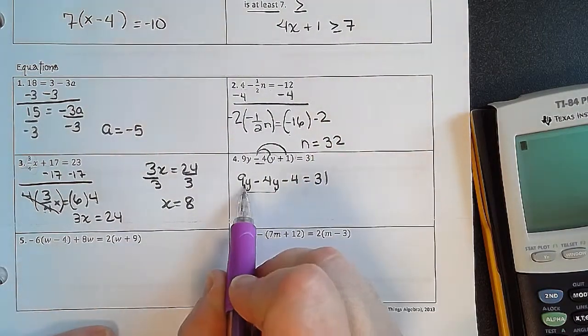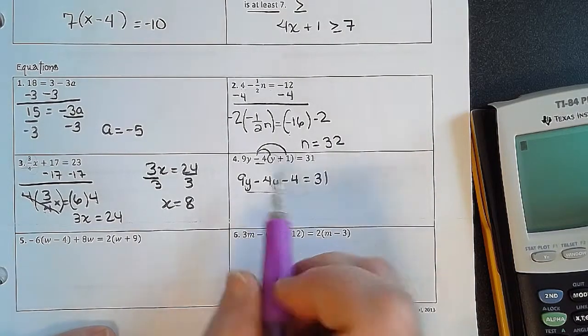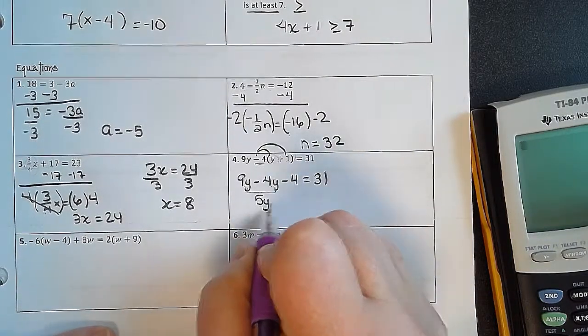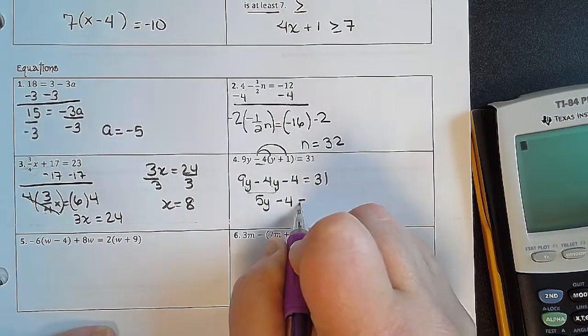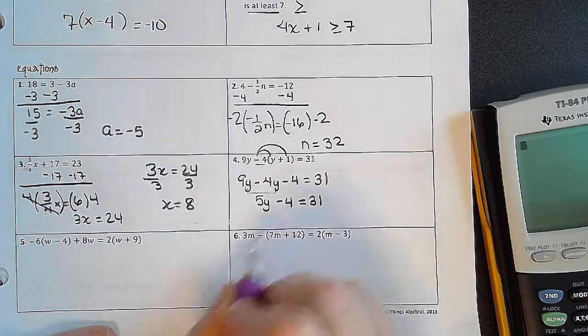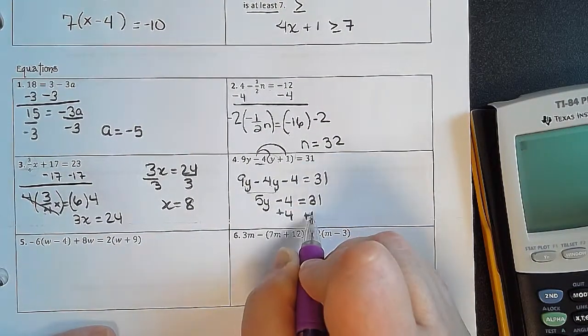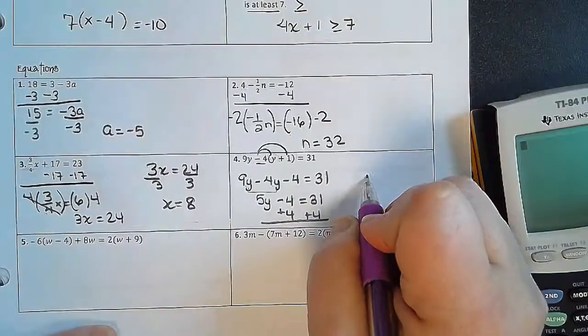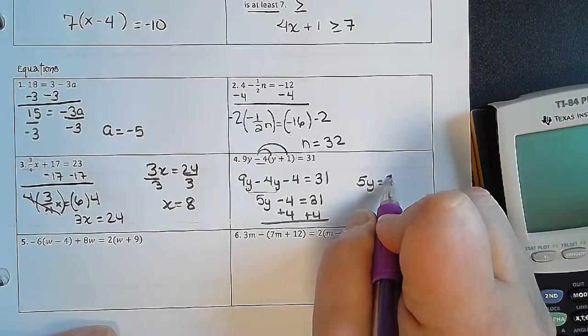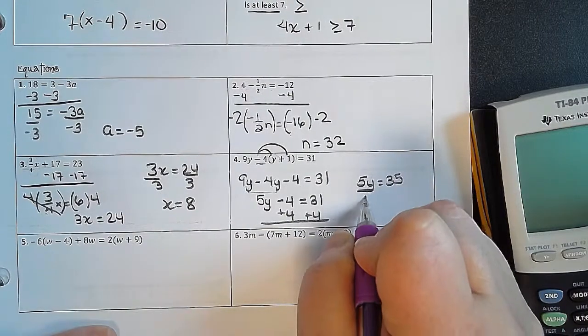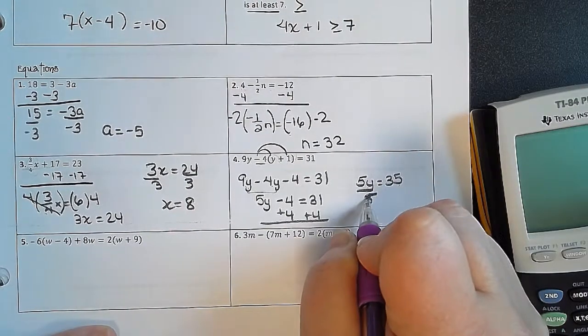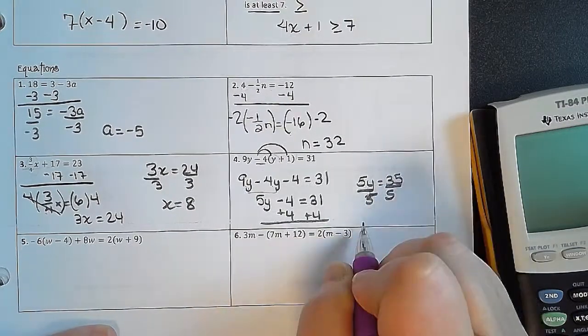So I've got 9y and negative 4y. That gives me a 5y minus 4 equals 31. Add your 4, add your 4. You get 5y is equal to 35, and we divide by 5. So y is equal to 7.